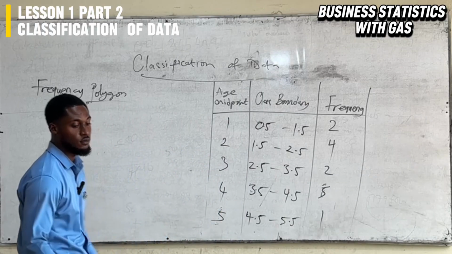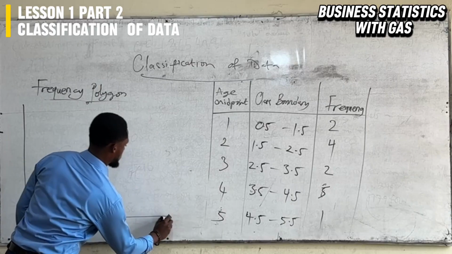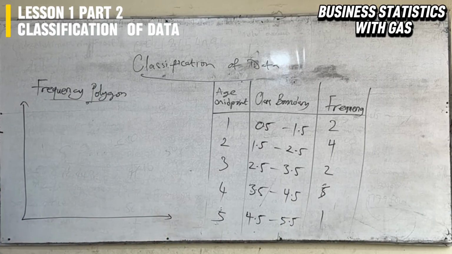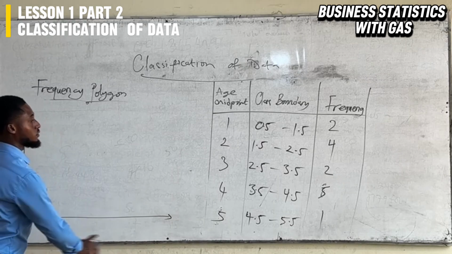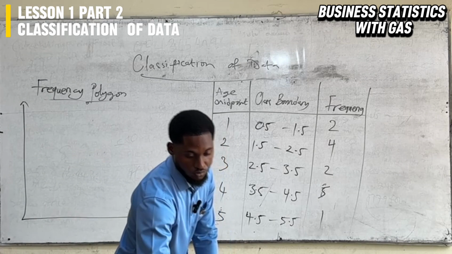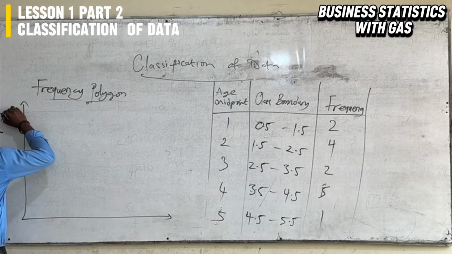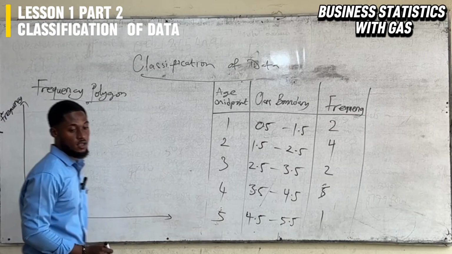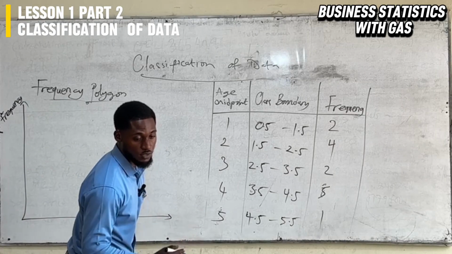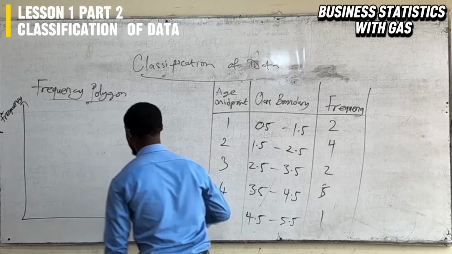So now this information is going to aid us draw our frequency polygon. So now you will have to get your straight line and your down line. You first state your frequencies here, and you state your class midpoints down here, or your age midpoint, sorry.